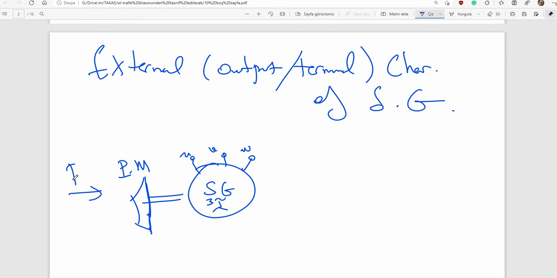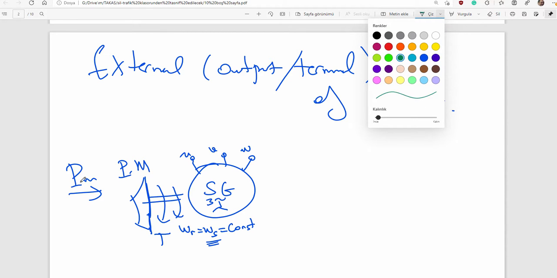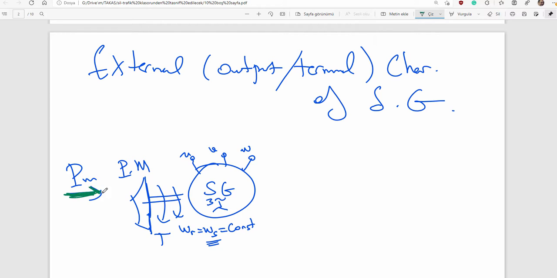You apply mechanical power in terms of torque and angular speed, but rotor angular speed is always kept constant. It is rated synchronous speed, so rotor speed is constant. So applied mechanical input power can only be adjusted by changing applied torque to the shaft.